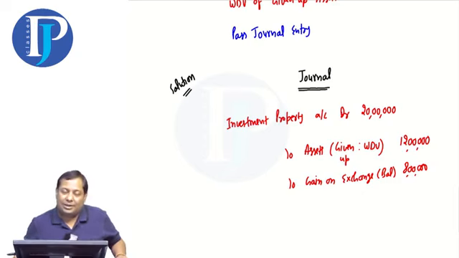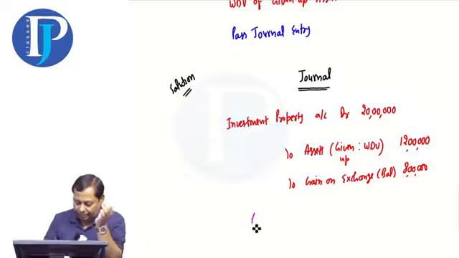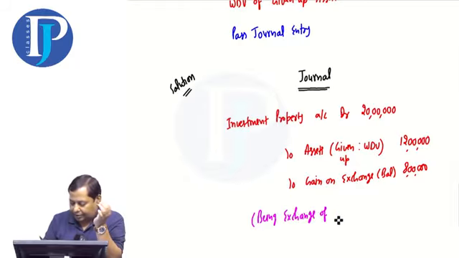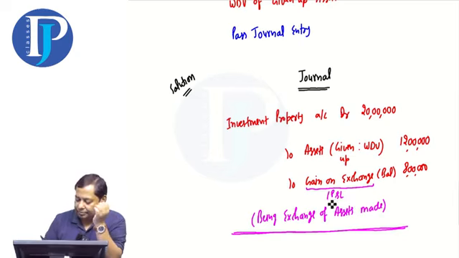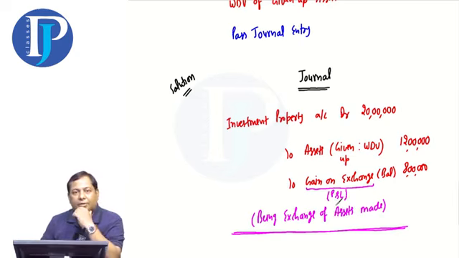So you have to understand this point, being exchange of assets made. Yes, you can definitely write profit and loss instead of gain. I have no problem with that. To P&L, you can write that.